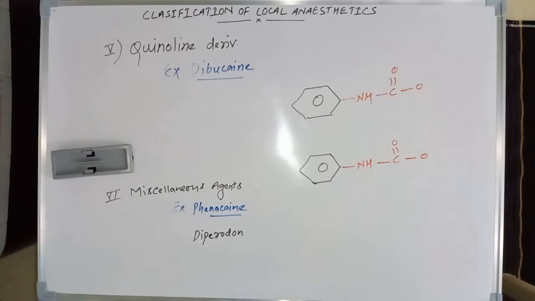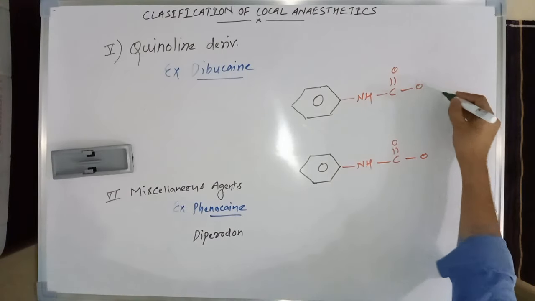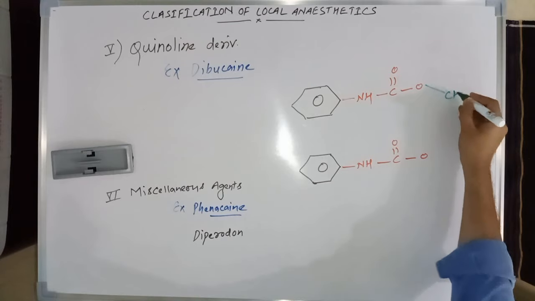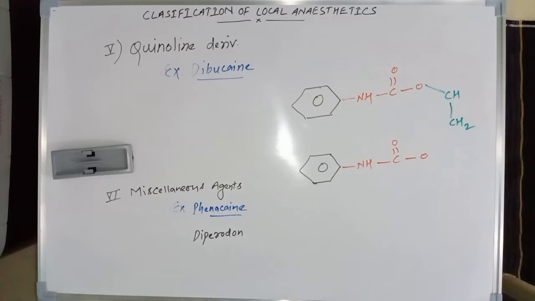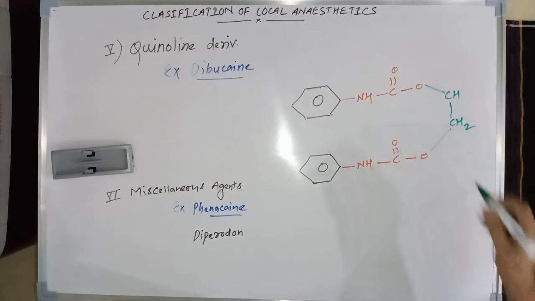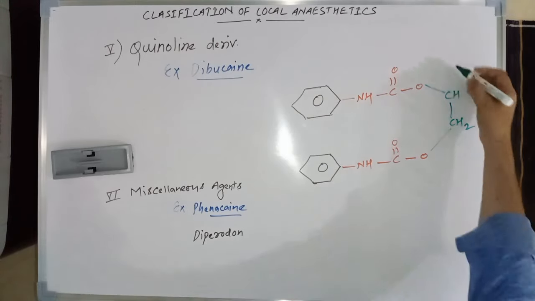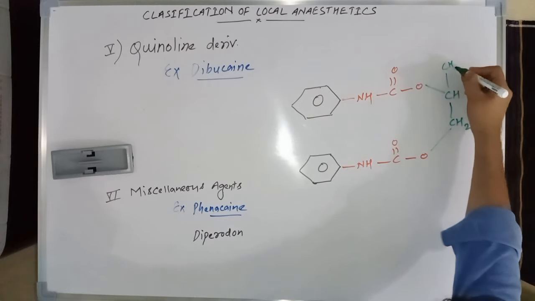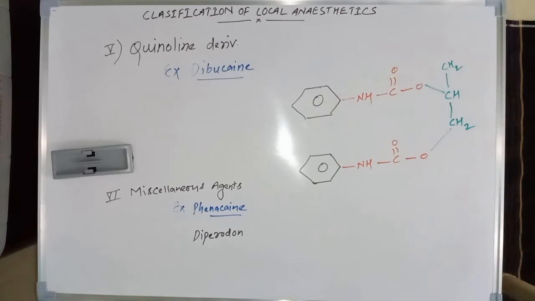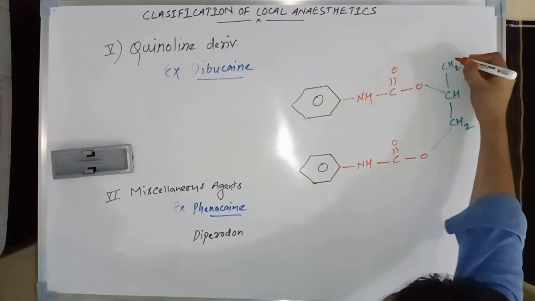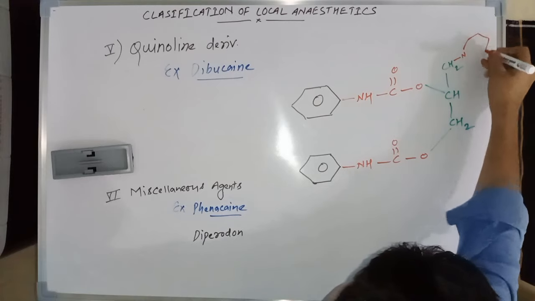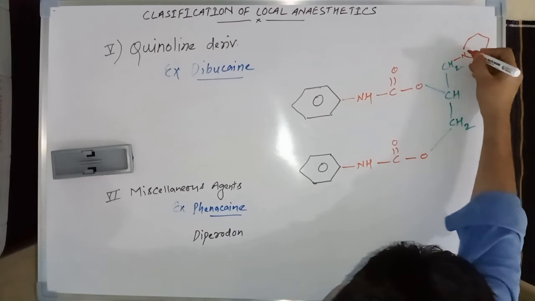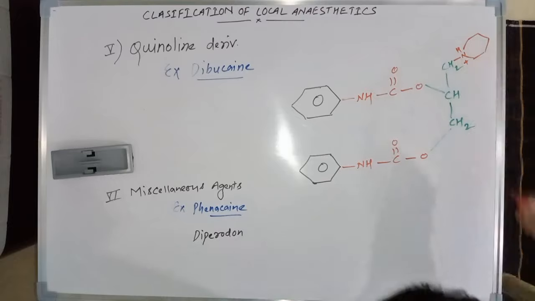Now this oxygen is directly attached to a carbon. Now there is another carbon over here, CH2, and this carbon is directly linked to NH plus.